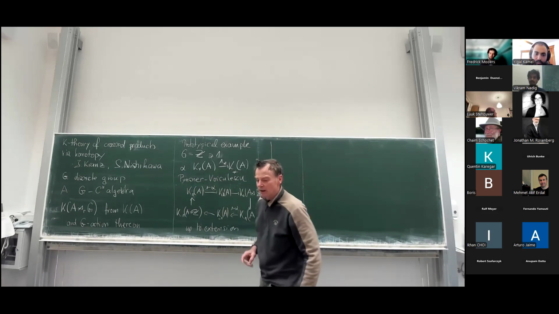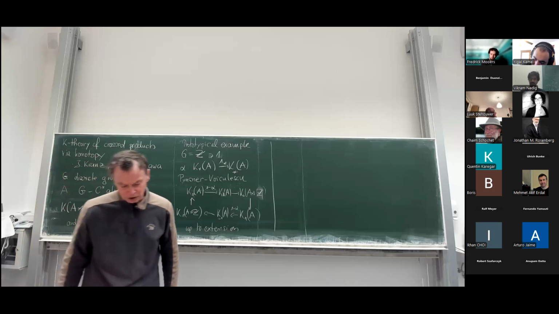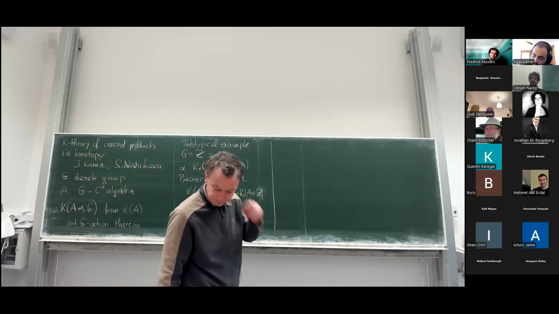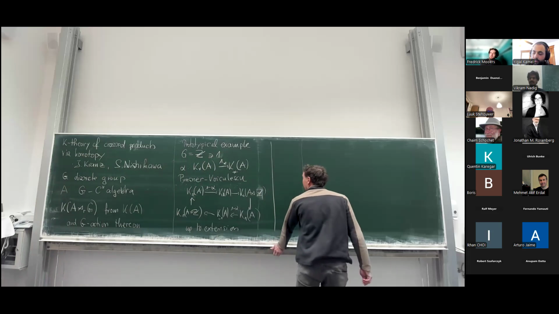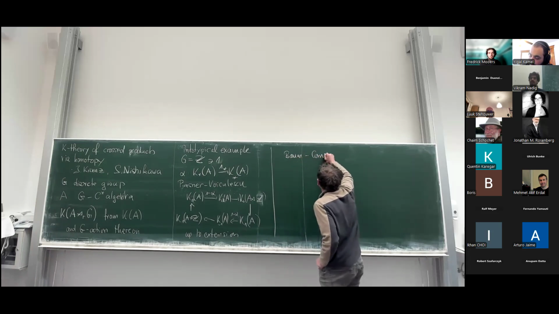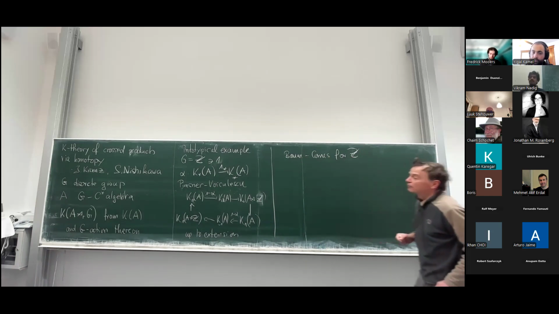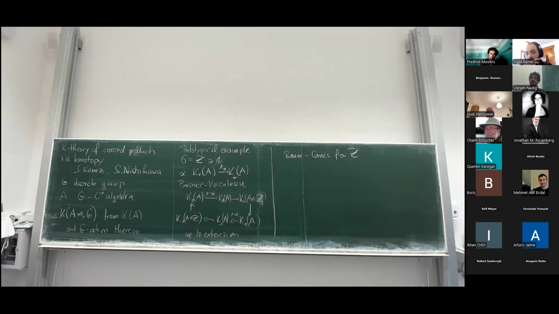In this case, we know that the Baum-Connes conjecture holds for the integers. And so the Baum-Connes conjecture produces a formula for the spectrum K of the cross product.